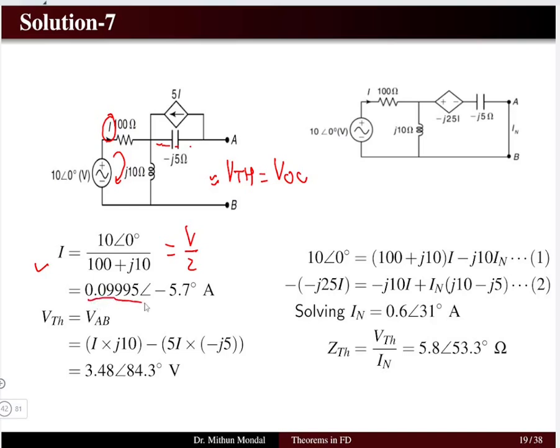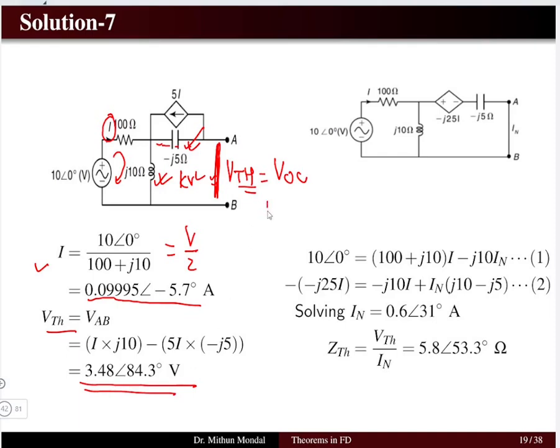Once we have found the current, we can determine the Thevenin's voltage at terminal AB with the voltage drop across the inductor and the capacitor combination. If we know the voltage drop across the inductor and across the capacitor, we can apply the KVL concept to determine the Thevenin's voltage, which comes to be 3.48 angle 84.3.